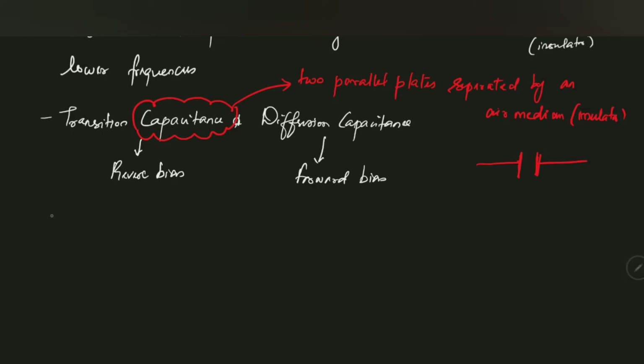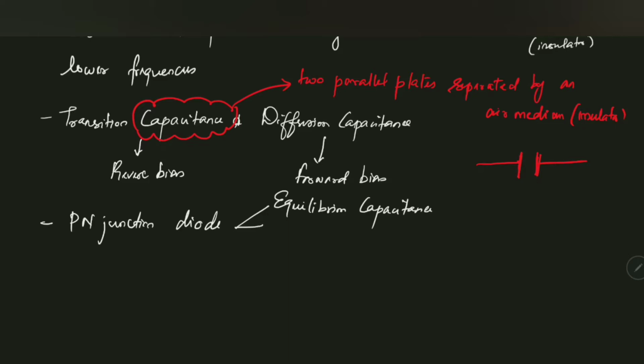For any p-n junction diode, the capacitance varies with the condition. During equilibrium you have an equilibrium capacitance, on the forward bias you have the diffusion capacitance, and on the reverse bias you have the transition capacitance.